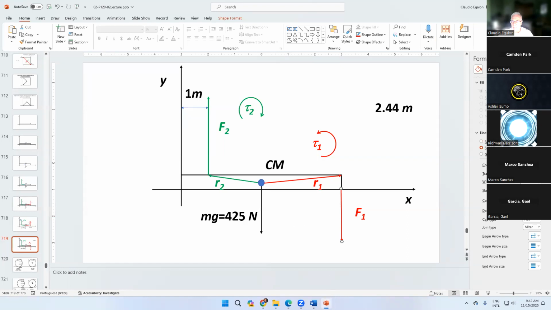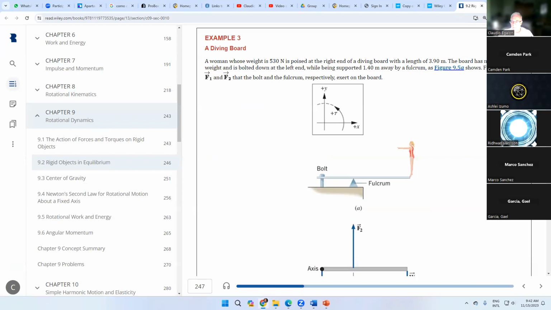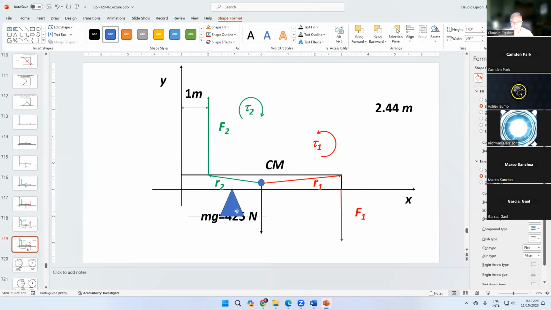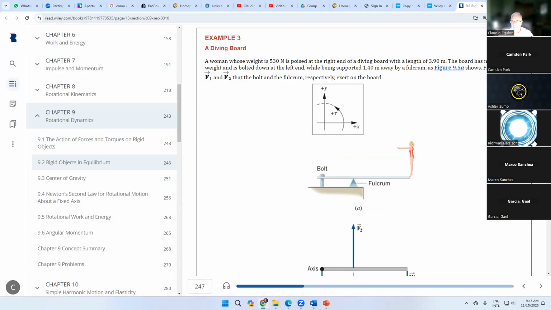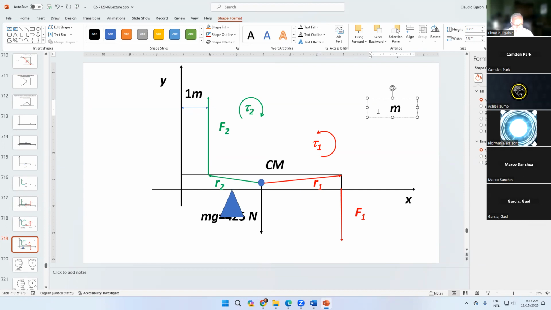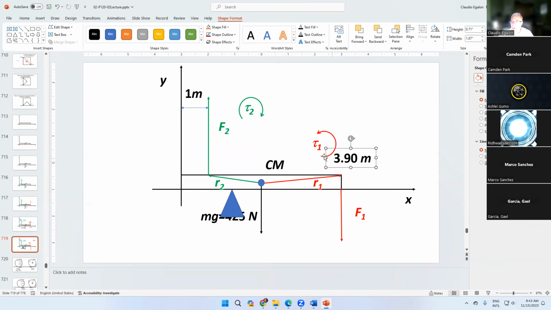Okay, there will be a fulcrum that I have to draw here as well. The fulcrum is going to be something like that. I'm going to put 3.9 meters here; 3.90 meters is the length of the board.